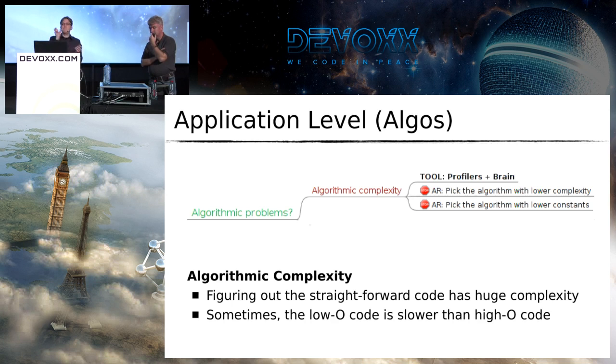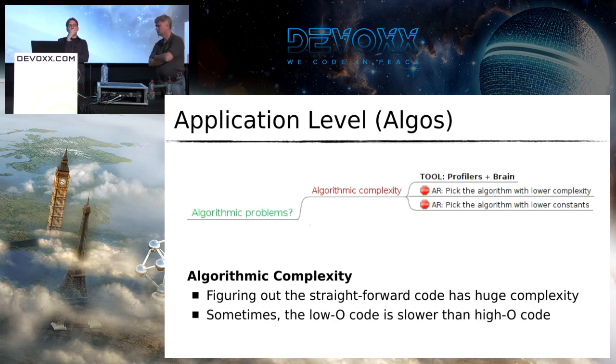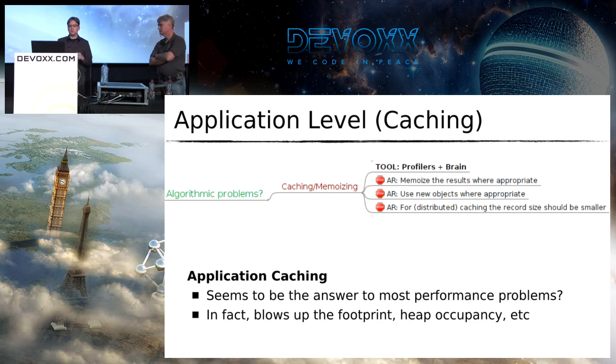So for instance, bubble sorting a really small array is actually faster than quick sorting it. Not only because it has the better cache locality and whatnot, but also if you count the operations that you do there, it's actually a lower operation count for the bubble sort. So you have to figure this out on your own as well. Yeah, instruction counts still count.